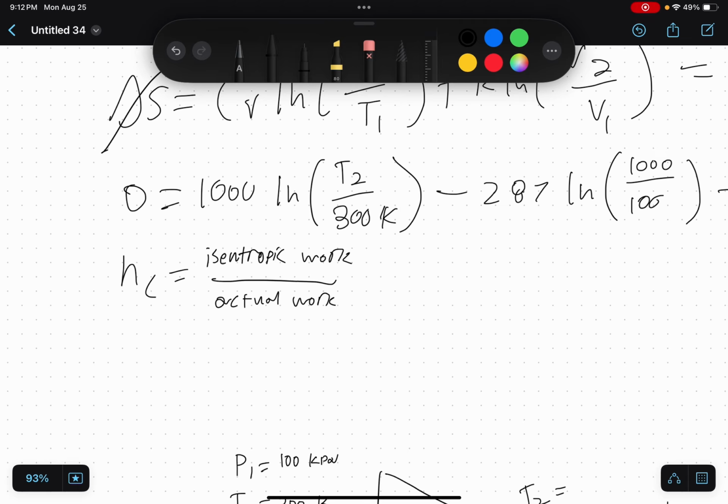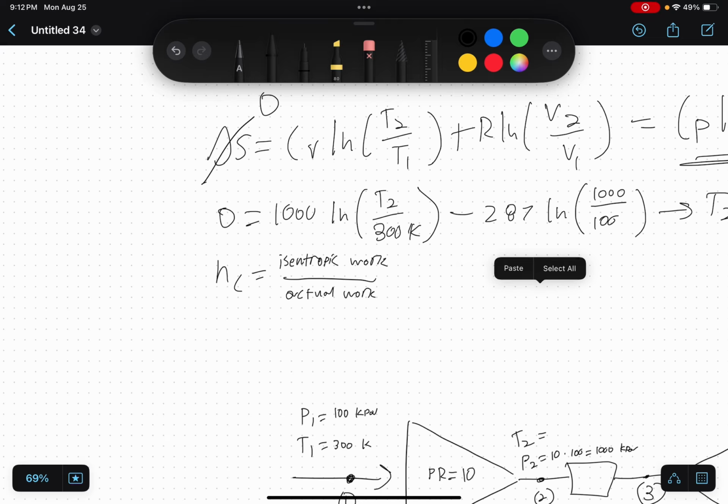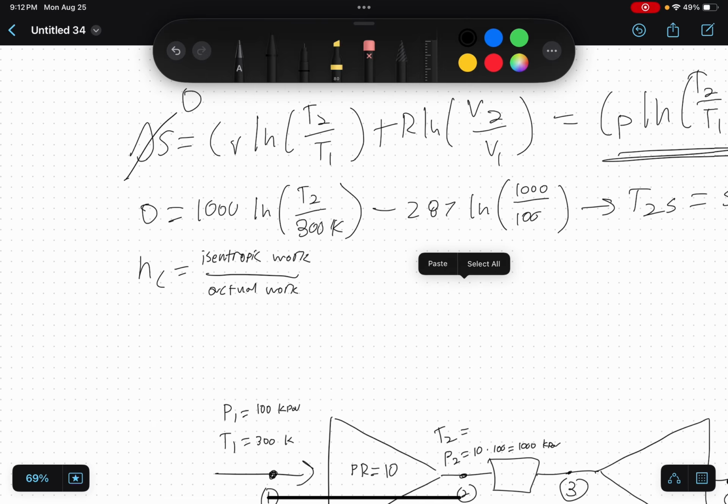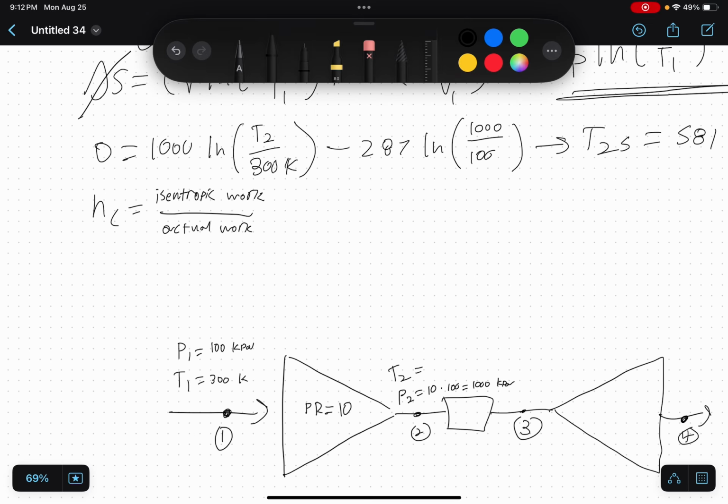The idea is the compressor wants to spend the least amount of energy possible to get your pressure up to P2. The least amount of energy possible is the isentropic work. The actual work is going to be more than that, which is why it's on the bottom. So that's why this number will end up being less than 100%.